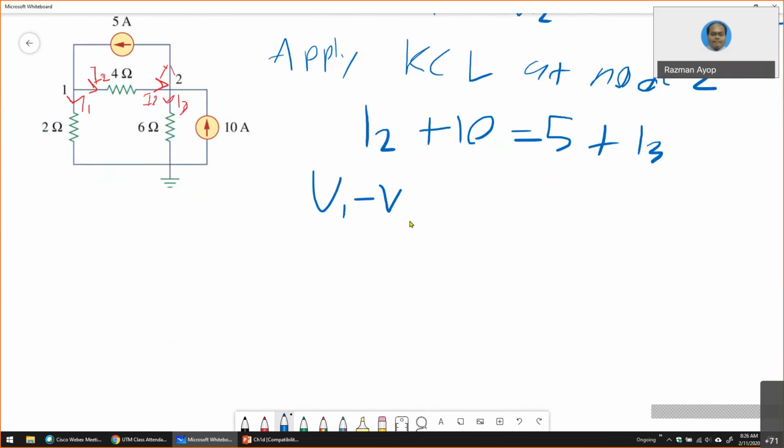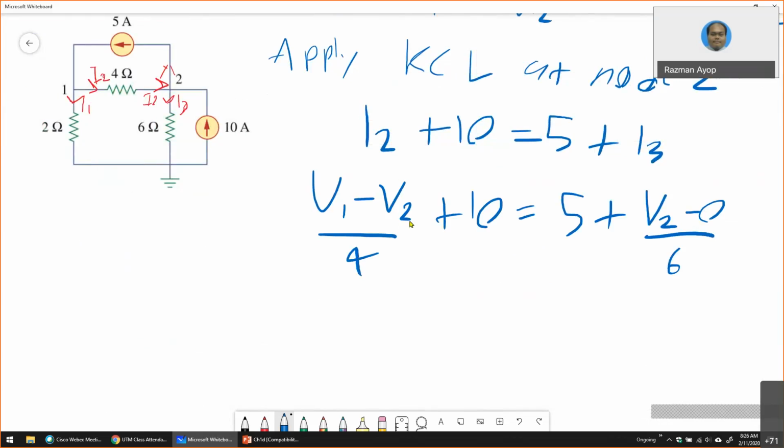Plus 10 equals to 5 plus I3, from V2 minus 0 divided by 6. I3 is from node 2 to ground. So you just express the equation.